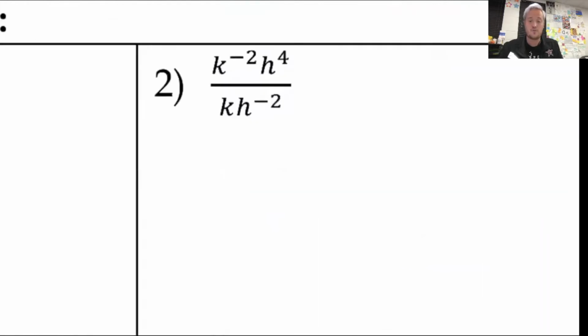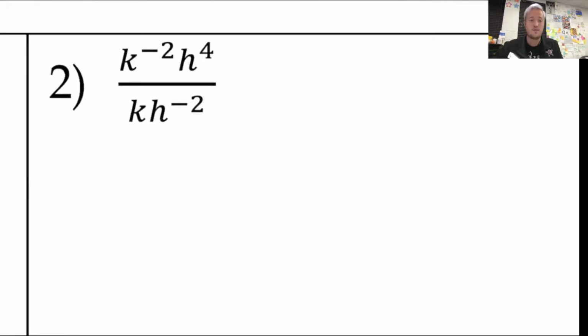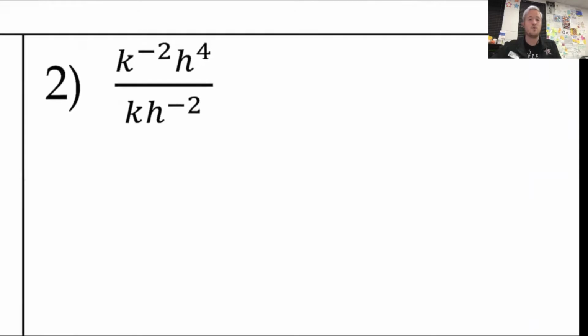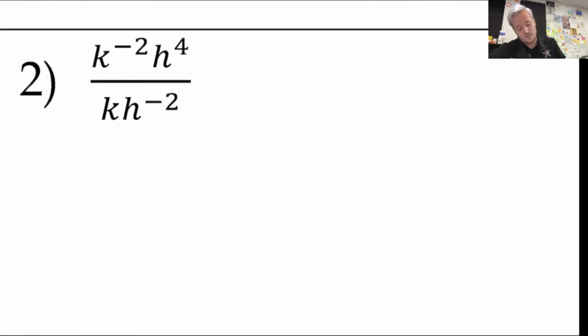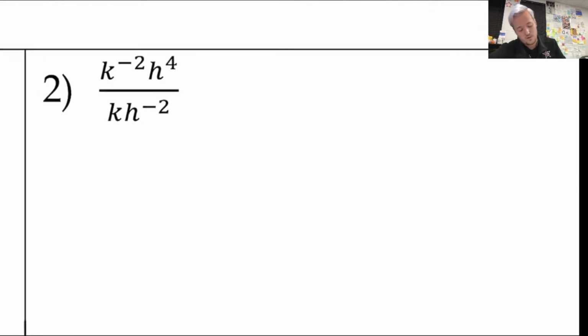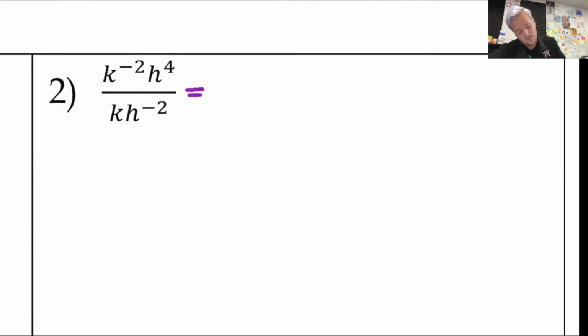Now looking over at number 2 here, so we have k to the negative 2, h to the 4th over k h to the negative 2. So same idea, I'm still going to do quotient rule or quotient property. So I'm going to compare the k's. So I'm going to have k to the negative 2 minus 1, and h to the 4 minus negative 2.